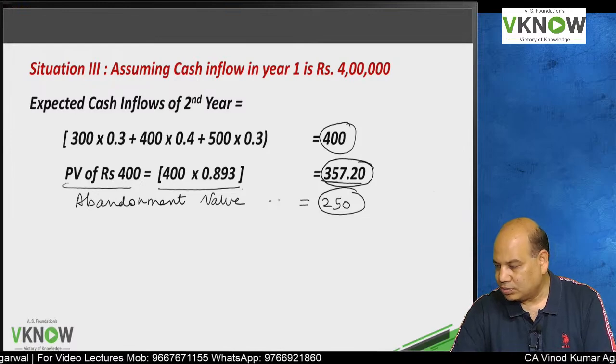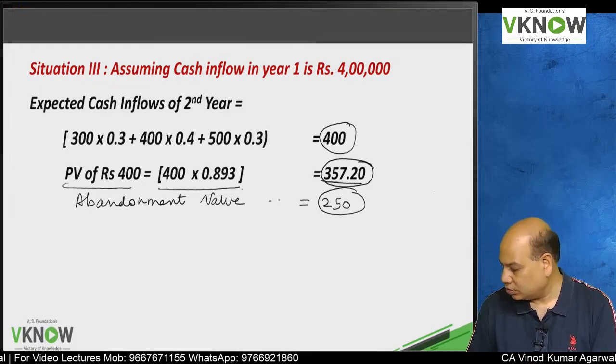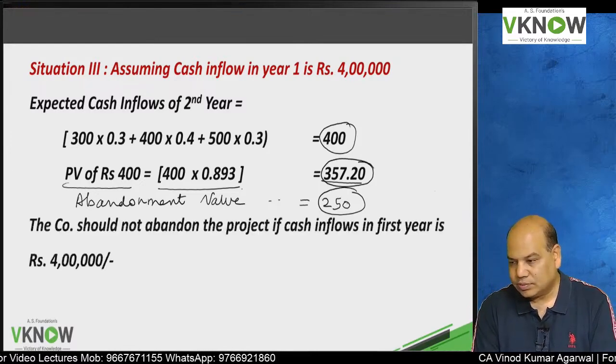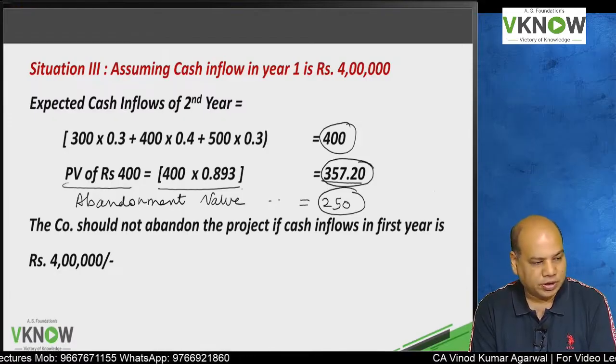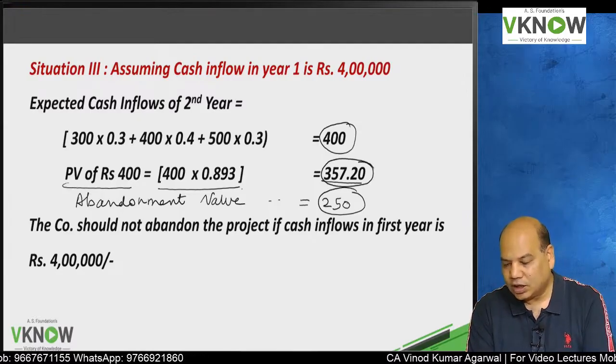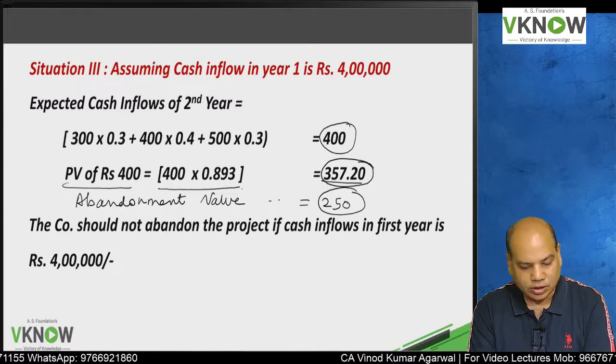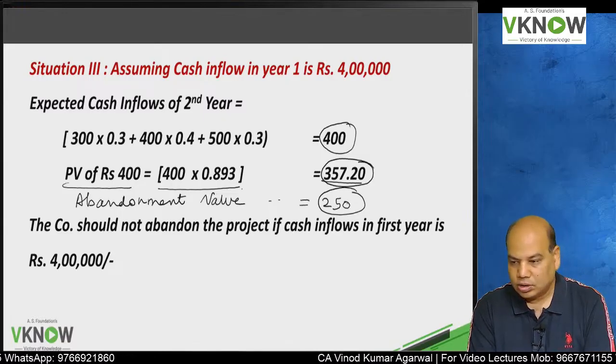Continue is the right option because you will get more cash flow on continuation. So please write a note. The company should not abandon the project if cash inflow in the first year is rupees 4 lakh.